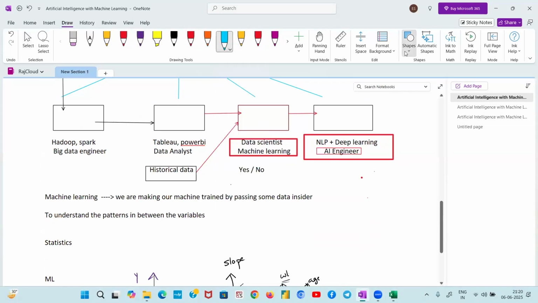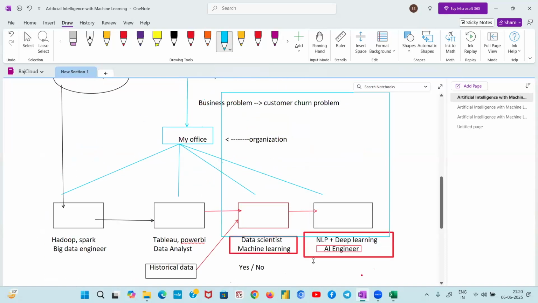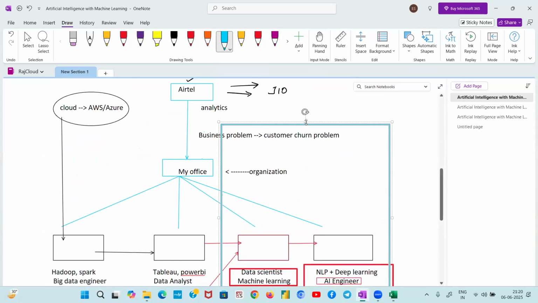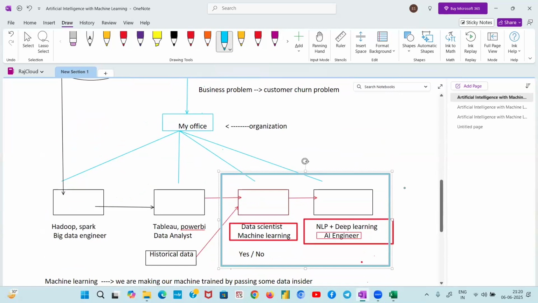I'm giving this because if you don't have a proper idea, then where is my role, who is going to give me the project, where do I have to start work, how do we know this? So I'm giving an overall view of a big project. Multiple roles are there in a big project, but our specified roles are data scientist, machine learning expert, AI engineer, NLP engineer or deep learning engineer. So this is your main target. Are all clear now?